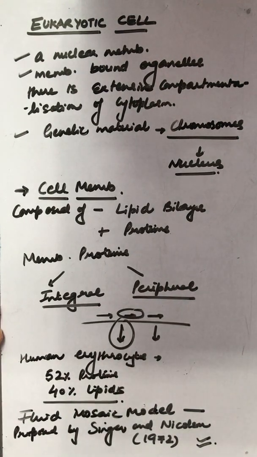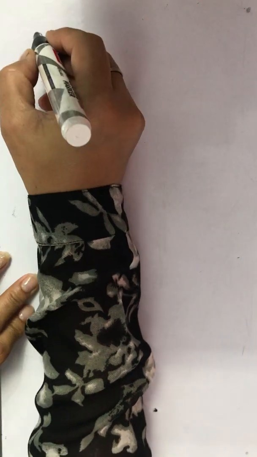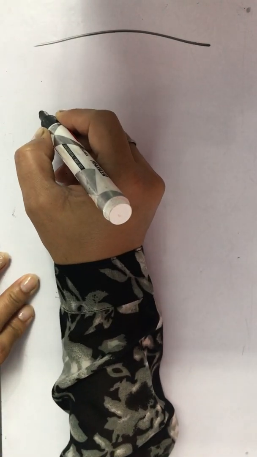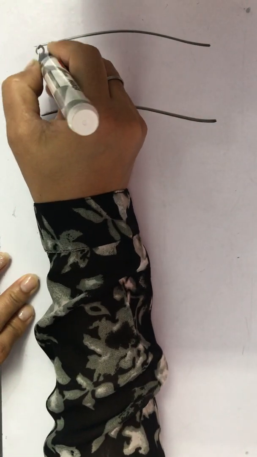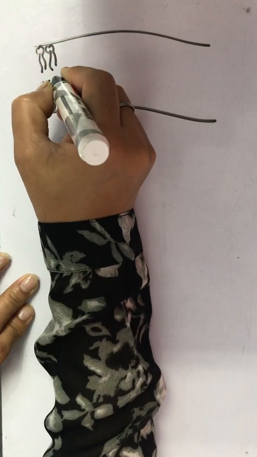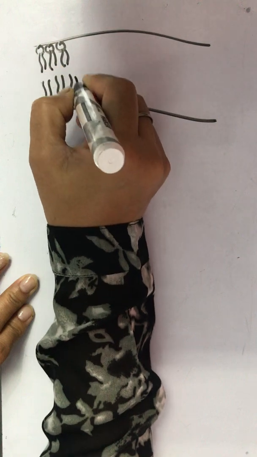Okay, let's draw the picture of this model and we discuss what is the basic composition and why it is widely accepted. If we look at the structure of a cell membrane, it has a lipid bilayer.